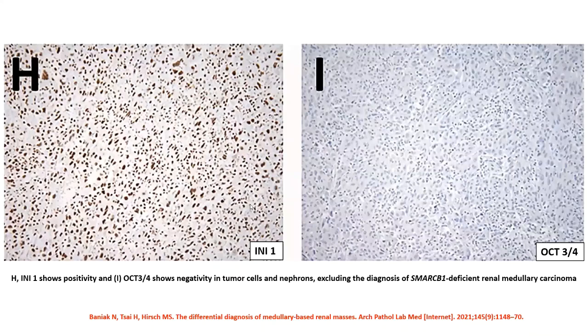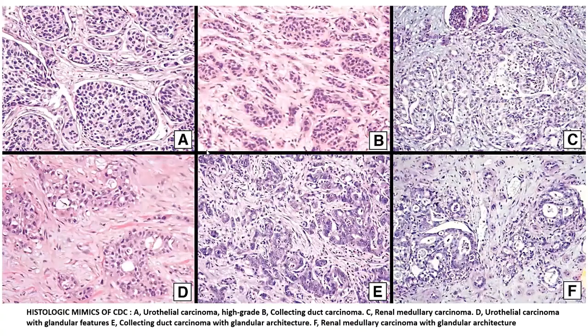Like I said, the renal medullary carcinoma, or rather what we call SMARCB1 deficient renal medullary carcinoma, is an important histological differential diagnosis. Unlike a renal medullary carcinoma, over here INI1 will be expressed within the nuclei and OCT3/4 will not be expressed. So there are two very important differential diagnoses of a collecting duct carcinoma.